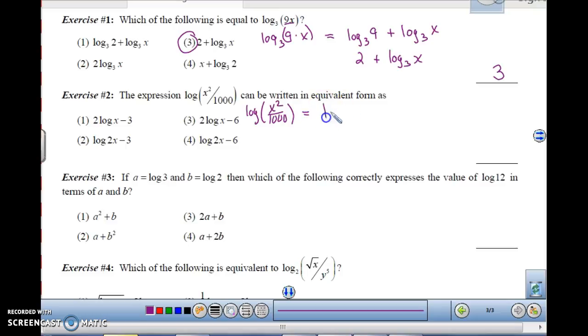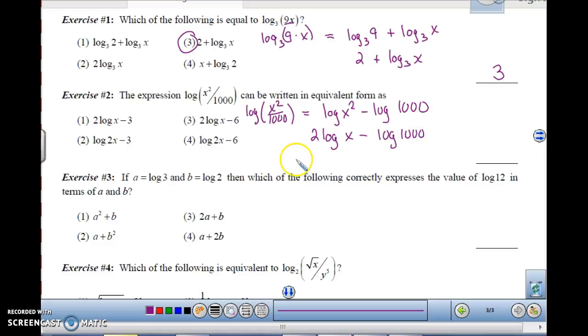So that's going to be log of x squared minus log of 1,000. Now this is log of x squared. This is a power. So when you raise a power to a power, you multiply the exponents. So the exponent will actually go out in front of the log. So it's going to be 2 times log of x minus log of 1,000.